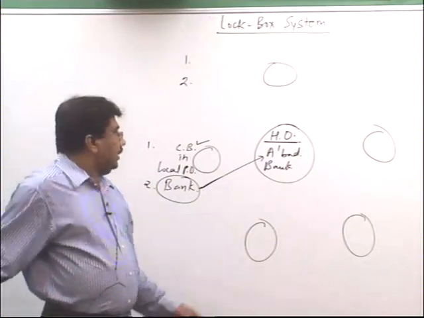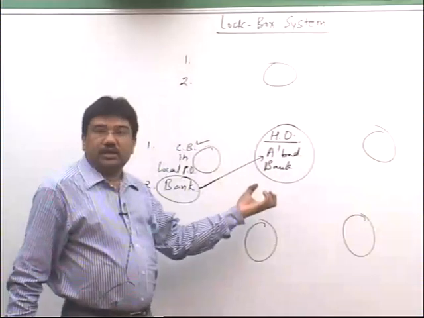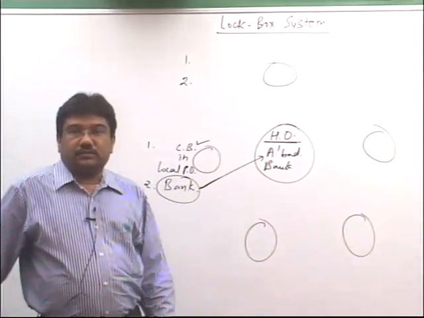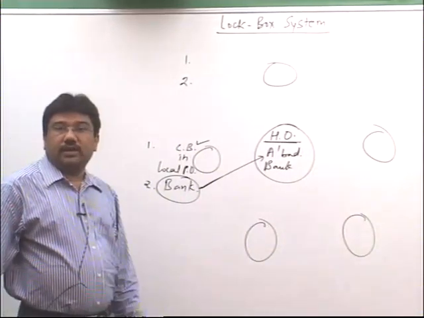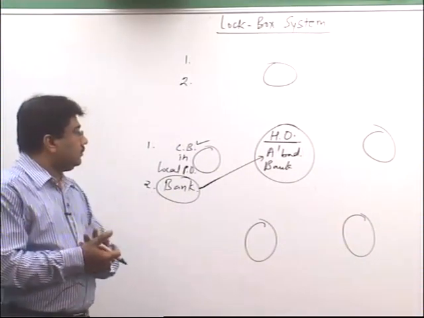So thereby the collection of funds from all the regions will become fast, and the funds will be transferred to the HO account fast. So by this we finish what is logbox system and how it works to reduce your collection float.